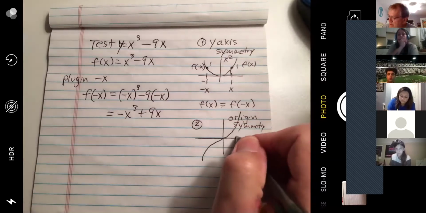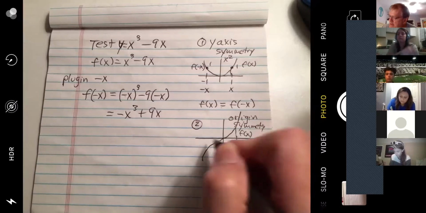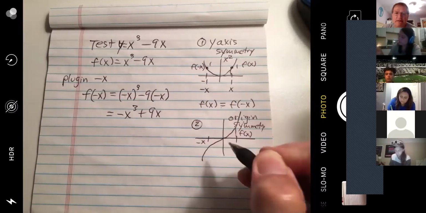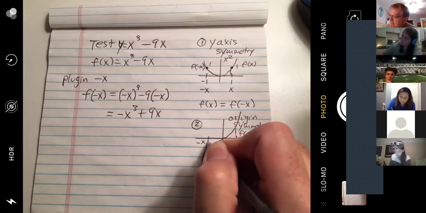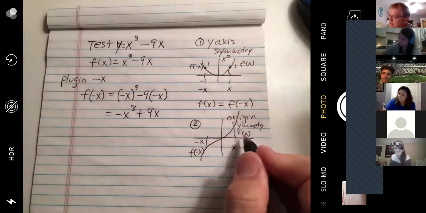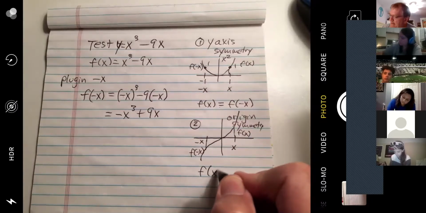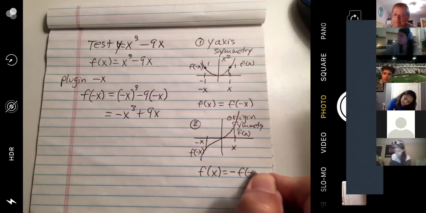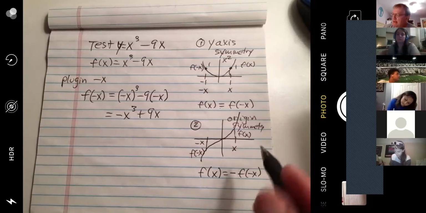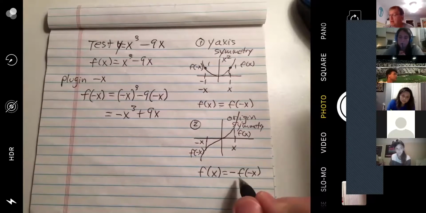So what happens is I'll do it with x's and then an f of x. Same distance, but it's minus x. And you come down to f of minus x. Well, these are the same distance, but they're negatives of each other. Negative f of -x. In plain English, that means the terms switch sign.